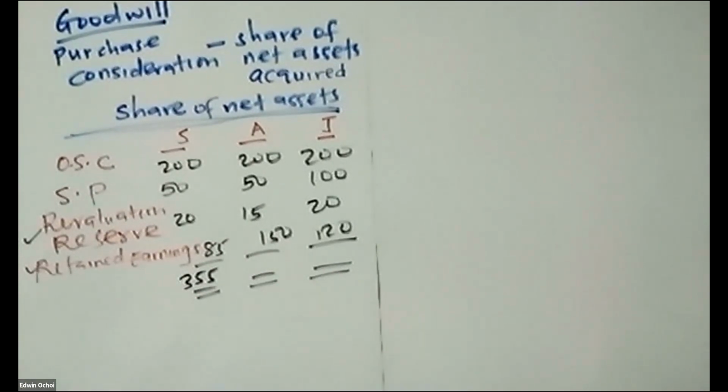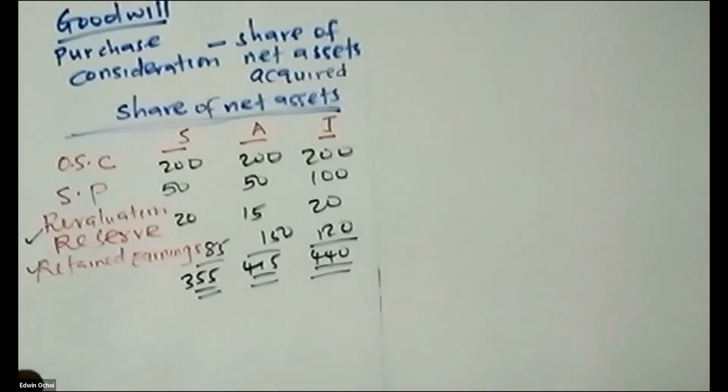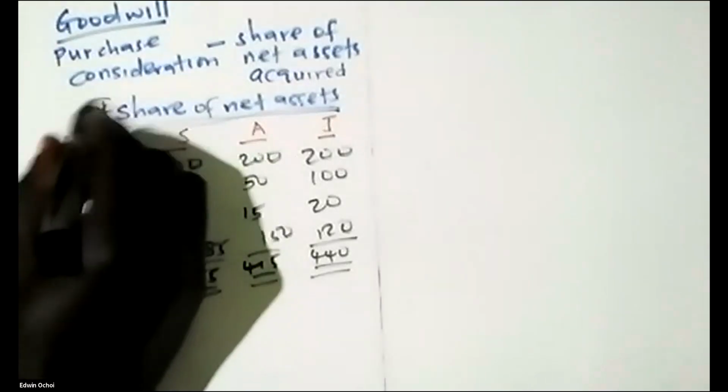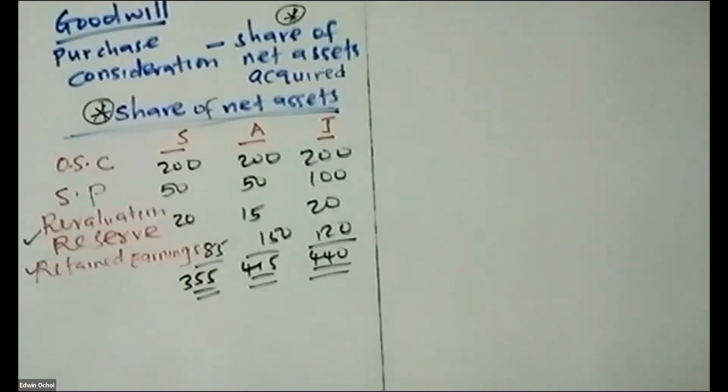So the second one is 415. Then the third one, 440. All right. So this was just to make it simpler. So this is not how you compute. This is just me getting these block figures for the S, A, and J, so that I can compute in a simpler way.